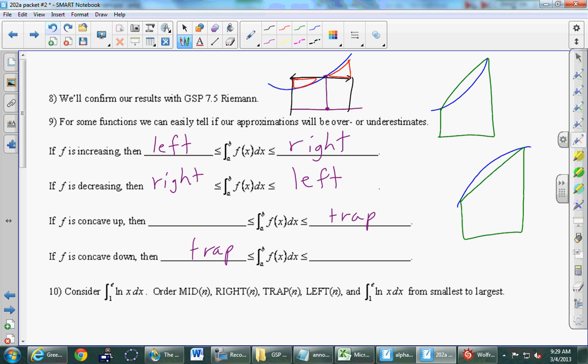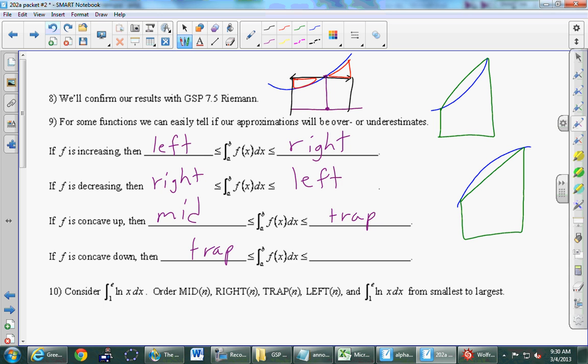It underestimates it. We grabbed some stuff we didn't want to, but we missed even more. We didn't grab enough. So in a concave up function, the midpoint rule underestimates. Yeah, it could be equal, but it's less than or equal to.